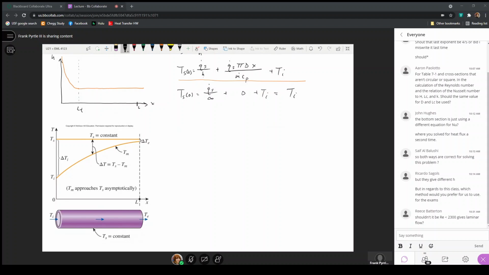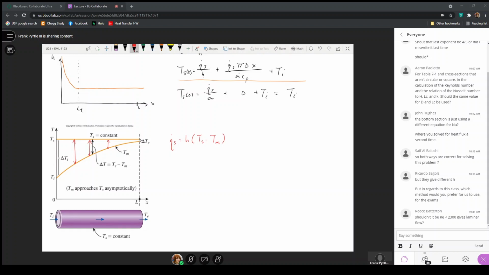Well, the temperature difference between the surface and the fluid is what drives the heat transfer, because again, the heat flux on the surface is h times Ts minus Tm. Here, Ts is held constant. The heat flux is not. So the heat transfer coefficient varies, and the mean temperature will vary, so the heat flux will actually vary because h is varying and the mean temperature is varying.